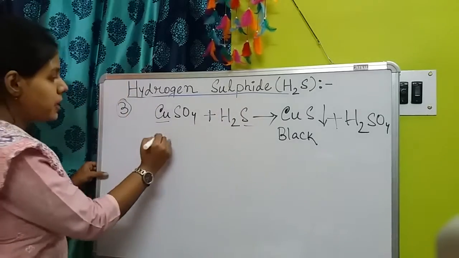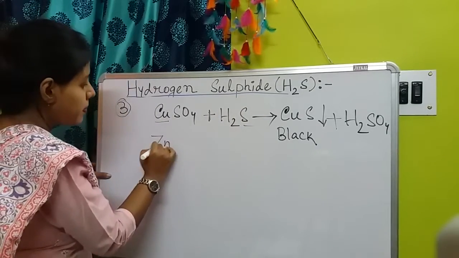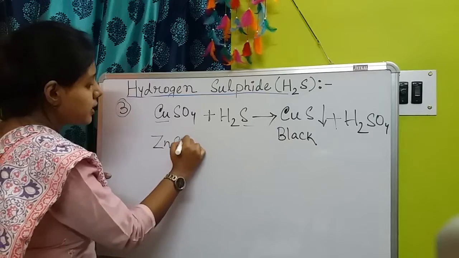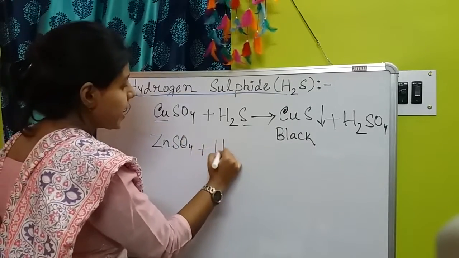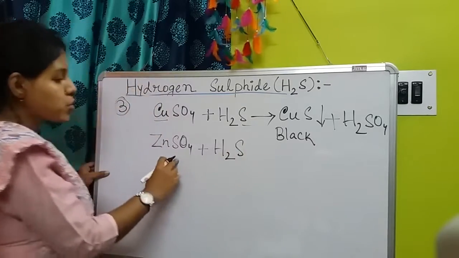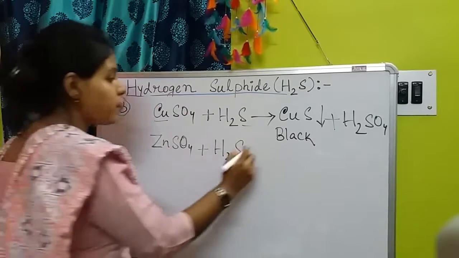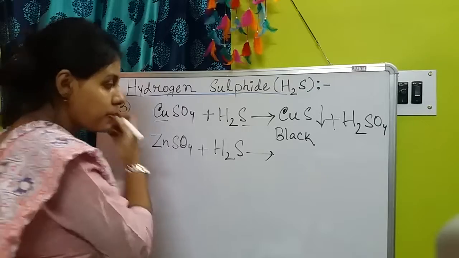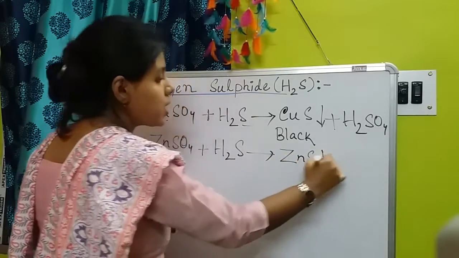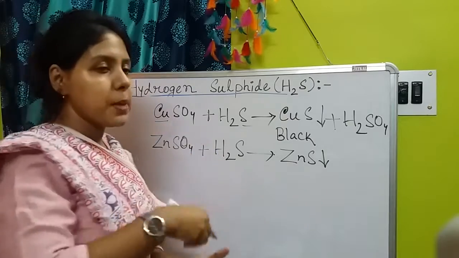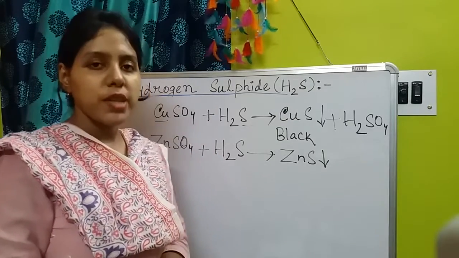Same type of example: suppose you have taken a salt of zinc, that is zinc sulfate, and H2S gas is passed through the acidic solution of zinc sulfate, which will again make a precipitate at the bottom of the container.